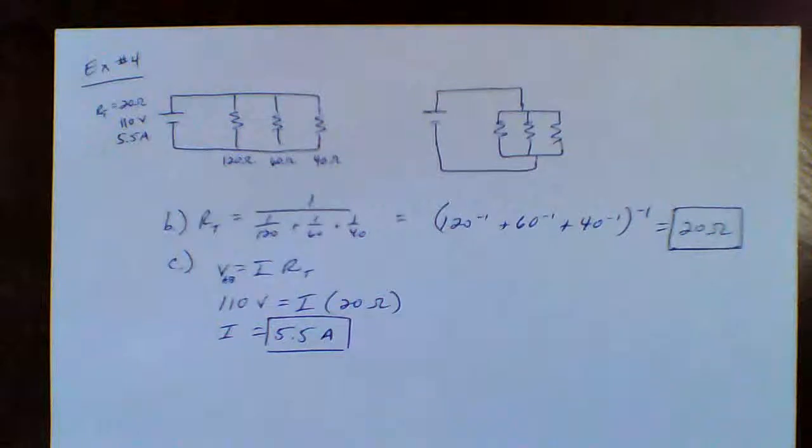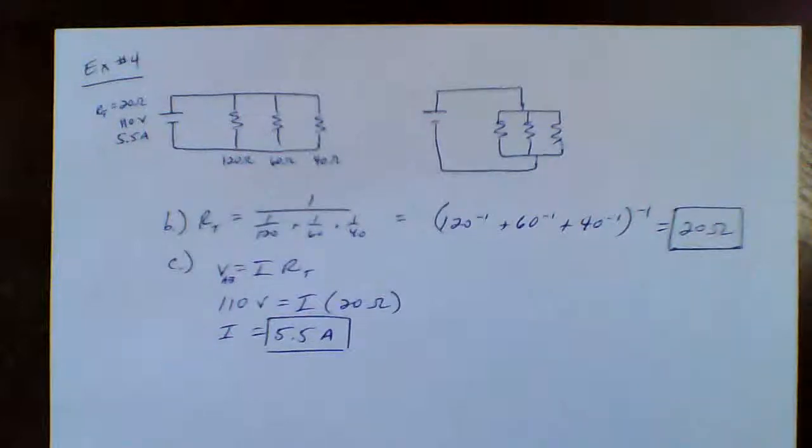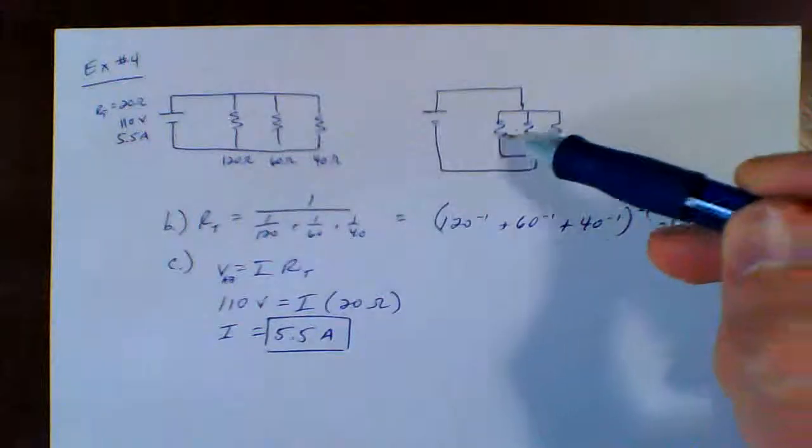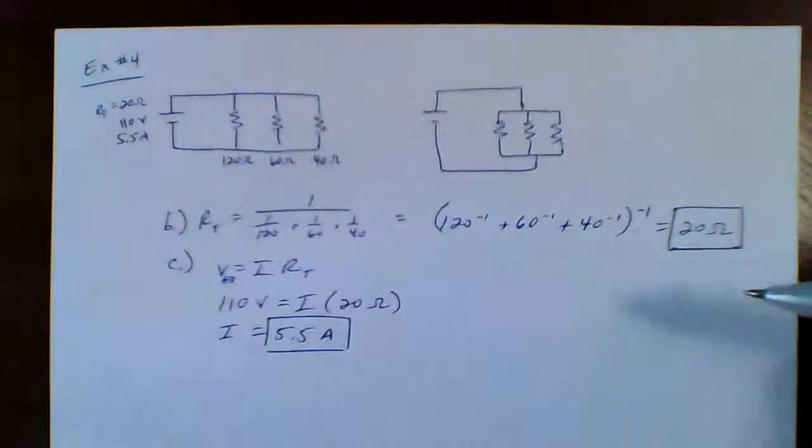So, an interesting thing to note is that if we want to know the voltage drop across each resistor, and we look at our circuit diagram, we know that the voltage drop across each of those resistors is exactly the same as the voltage drop across every other resistor that it's in parallel with, right? Only because there is only one resistor in each leg of the circuit here, okay?